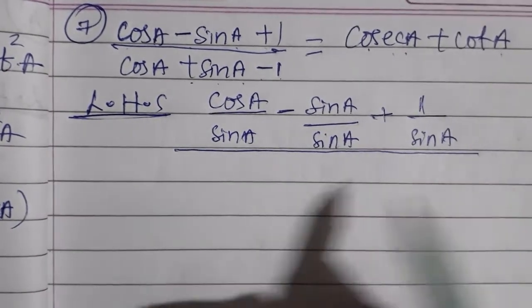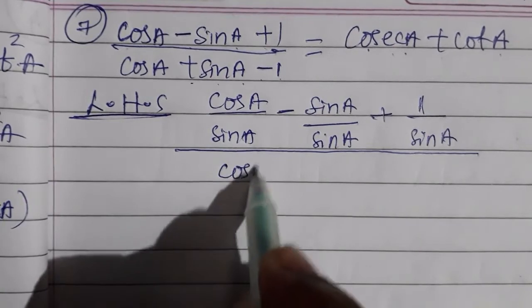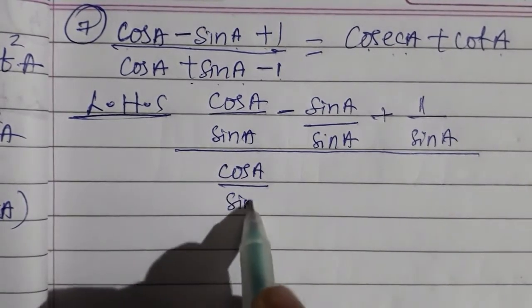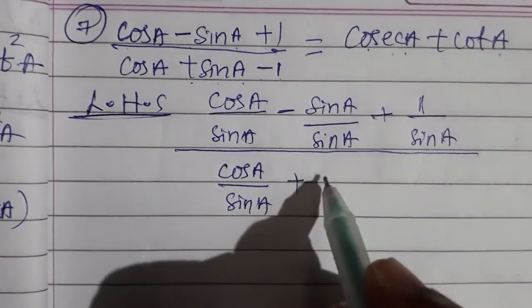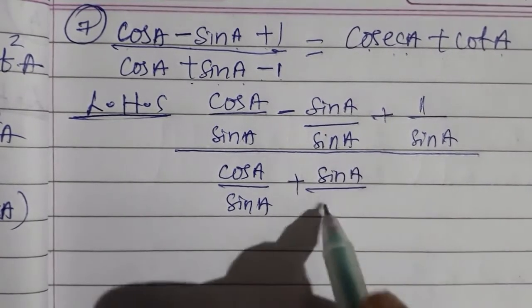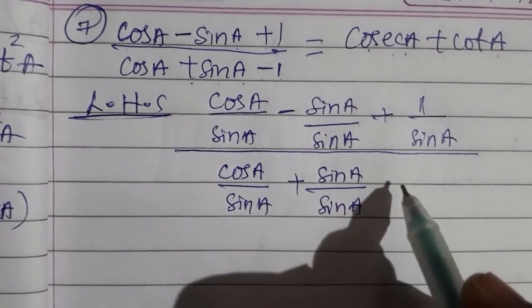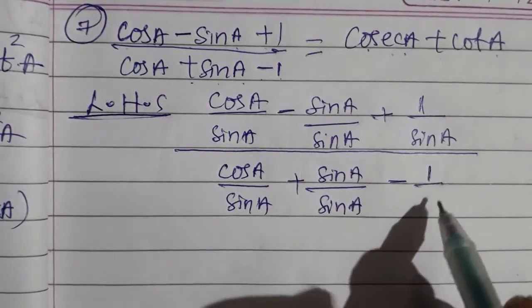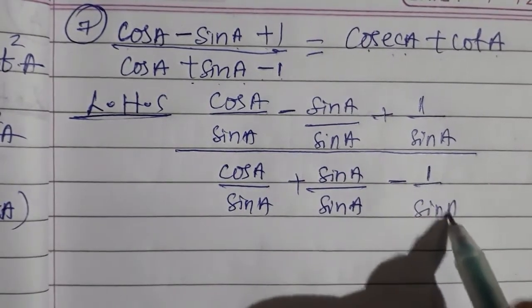Even the denominator you have to divide by sin A. Then this will become cos A by sin A plus sin A by sin A minus 1 by sin A.